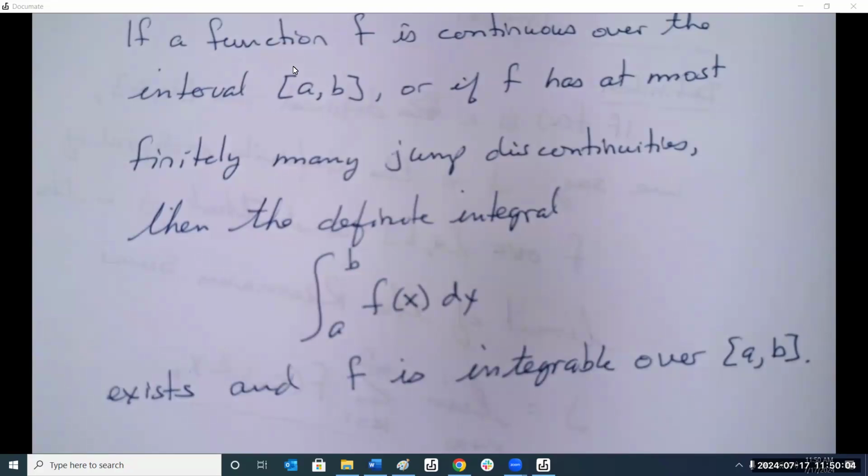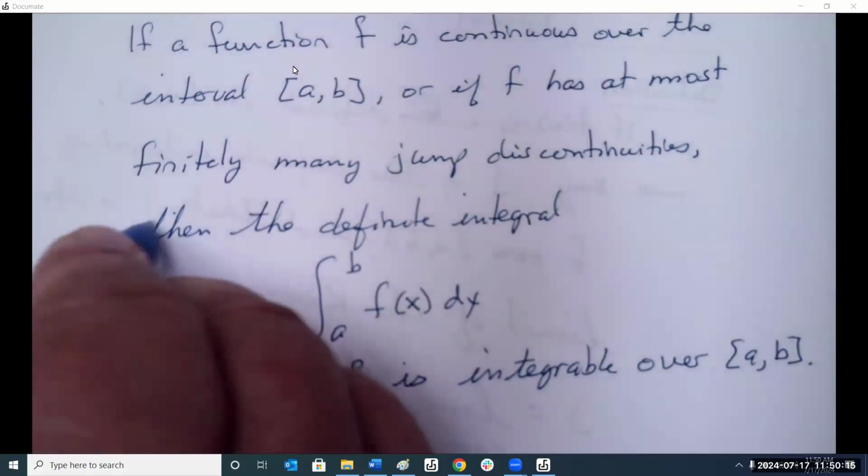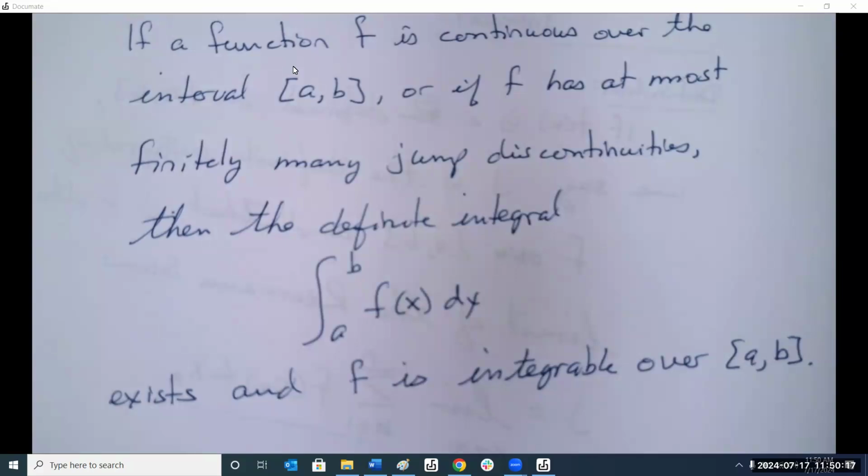So function f is continuous over a closed interval AB, or f has at most finitely many jump discontinuities, then the definite integral of f of x dx from a to b exists, and f is integrable over AB.